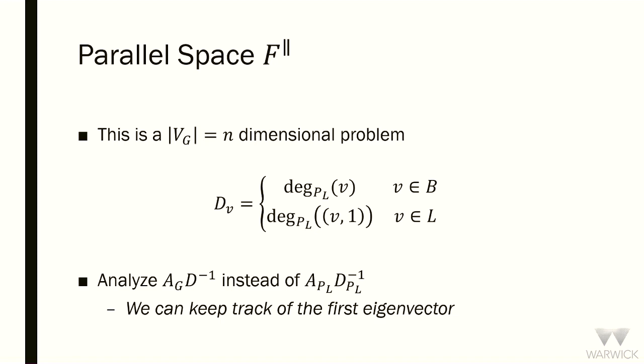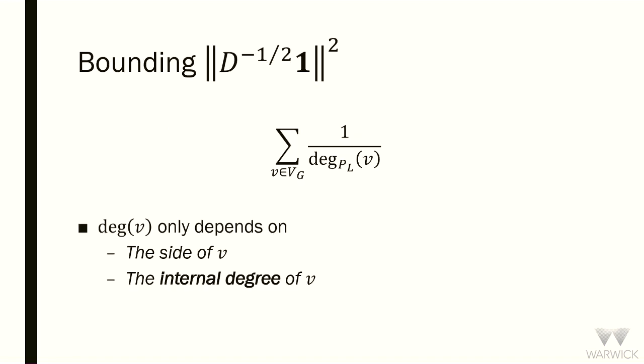Since this is a random walk matrix, we know its first eigenvector, but this is not anymore a random walk matrix, and just because of the way we did the translation between the problems, we know how to keep track of the first eigenvector. And so all we have to do in order to bound the other eigenvalues is to bound the Rayleigh quotients of vectors that are perpendicular to the first eigenvector.